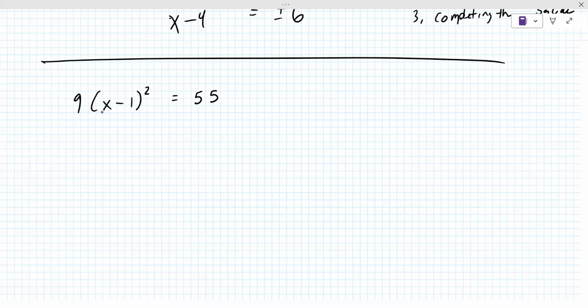So then divide by 9, so 55 ninths. Then the square root of 55 over 9, so square root of 55 over 3.